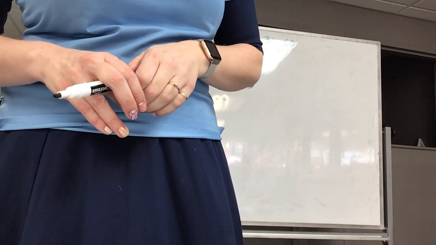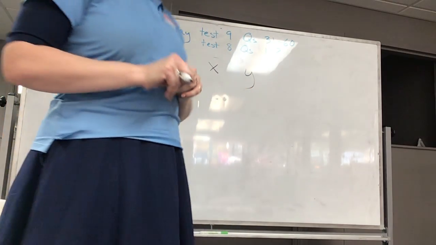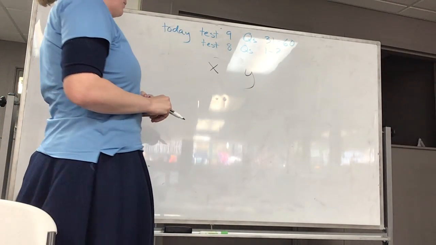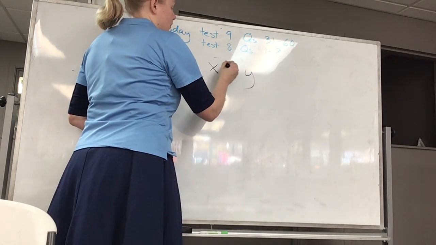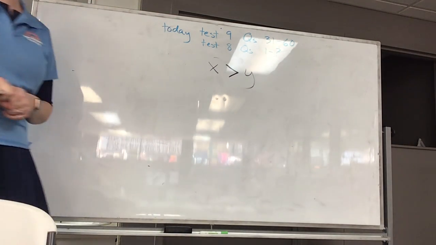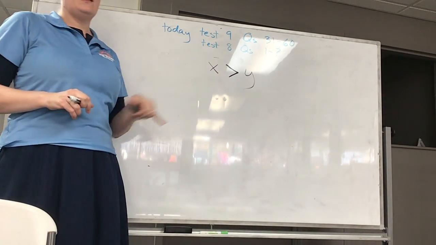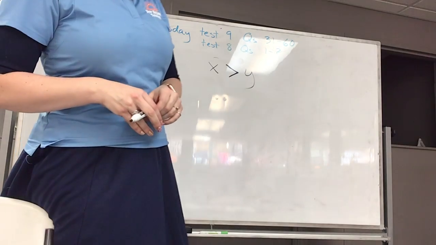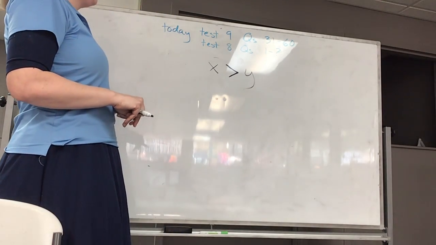The larger of two numbers exceeds twice the smaller number by 9. So I'm going to say I want x to be the bigger one. So the larger of the two numbers exceeds or is bigger than twice the smaller number by 9.